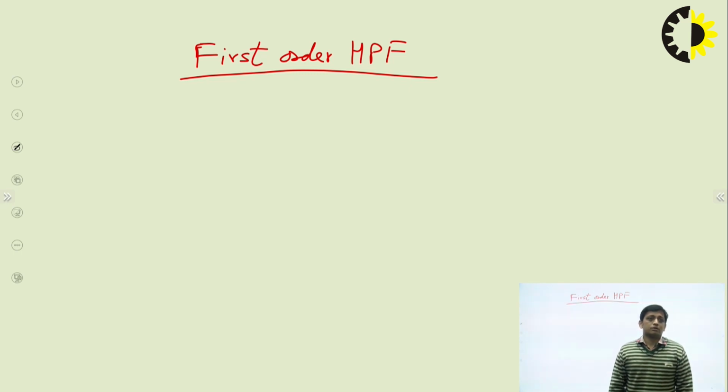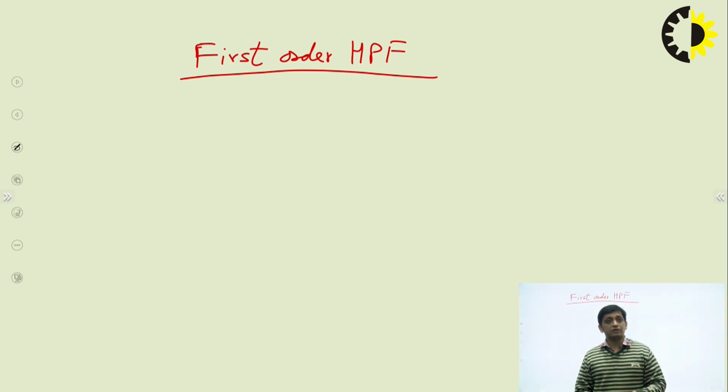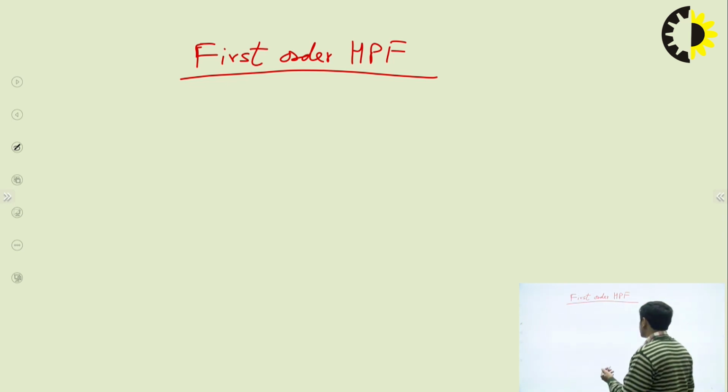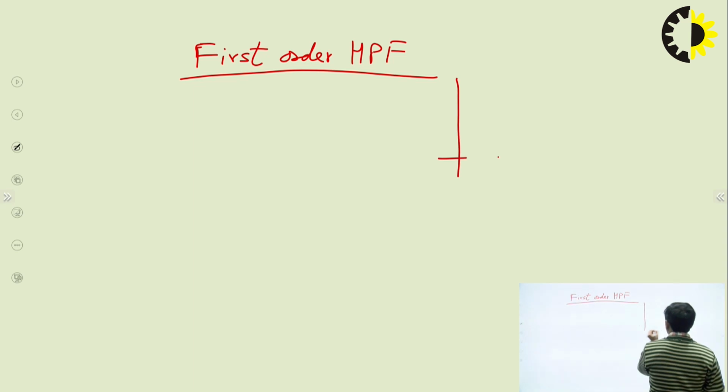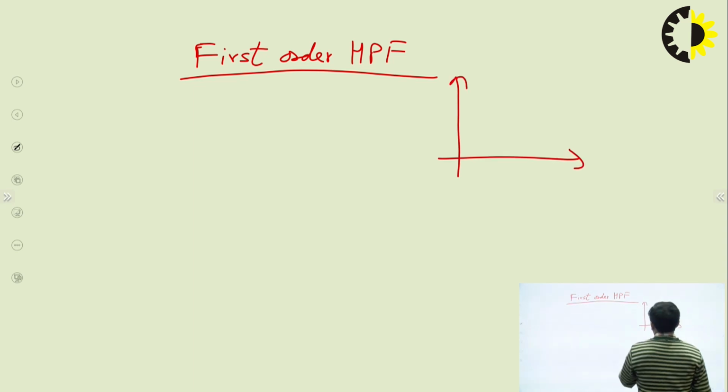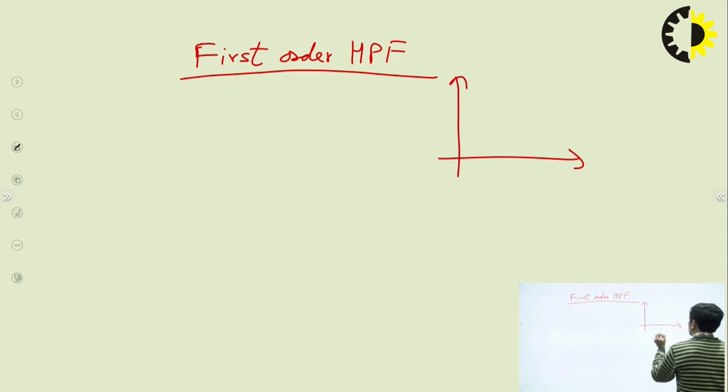Firstly, we need to understand what a high pass filter is. A high pass filter passes high frequencies and blocks the low frequencies. To understand it, we can draw the frequency response of the high pass filter. In the frequency response, on the x-axis there is frequency, and on the y-axis there is voltage gain in dB.